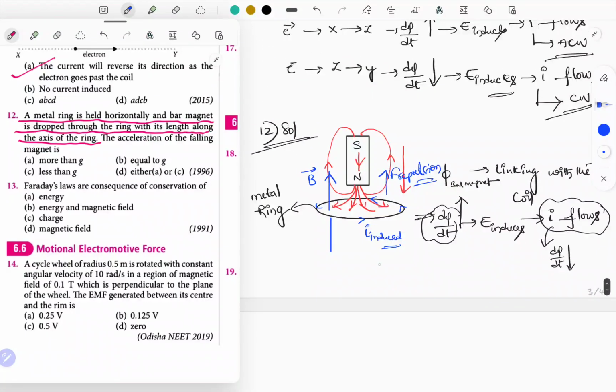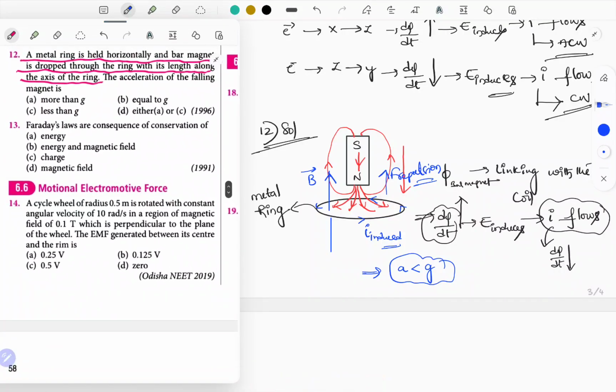It is going to be less than that. So the acceleration of the magnet is less than g, just because the current carrying loop is producing a magnetic field which is opposite to the magnet's field. So it is a repulsive force. Definitely the net force reduces, which reduces the acceleration of that magnet also.